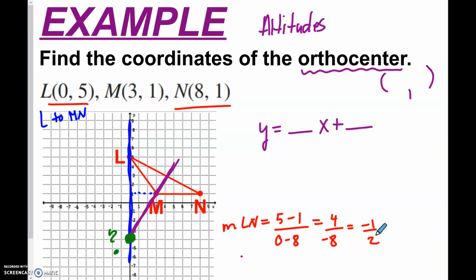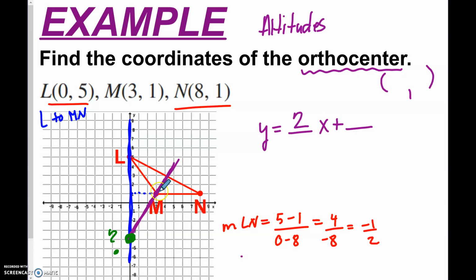What is the slope of my purple line that I'm trying to find? Remember, we're going to have to flip it and take the opposite sign, so this is going to be a positive 2. Now we need a point that is for sure on the purple line.